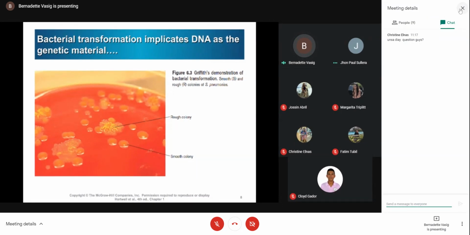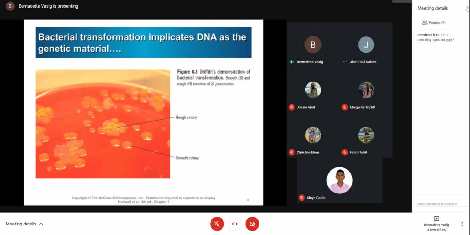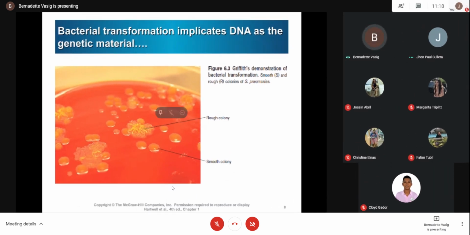Instead of explaining what the experiment is all about, can you relate its result to how it proved that DNA is really the genetic material? Who wants to explain?